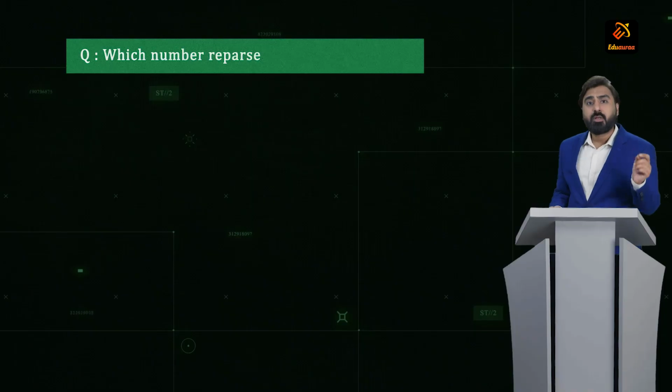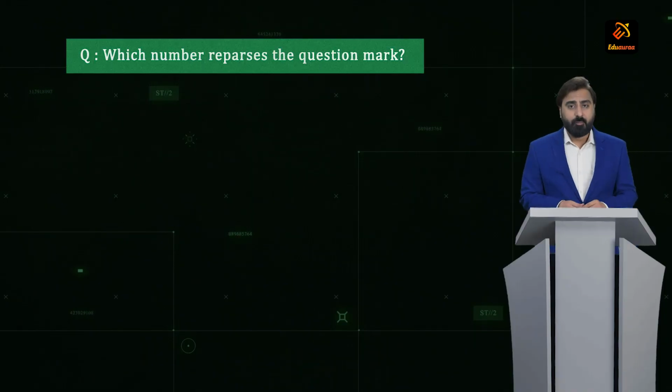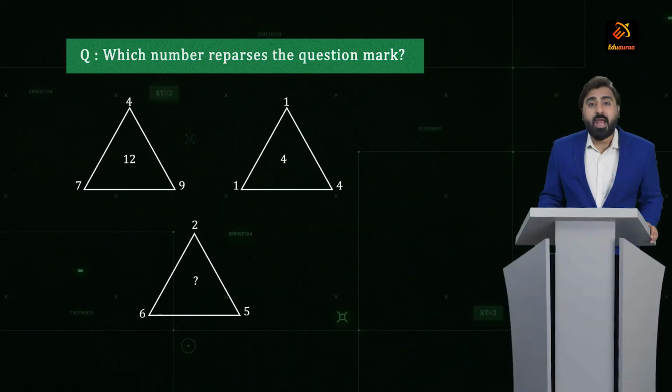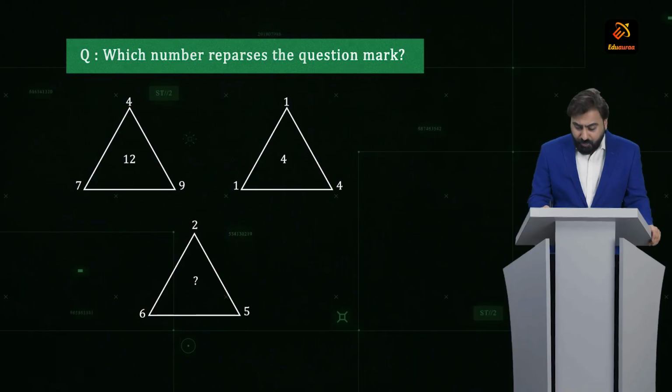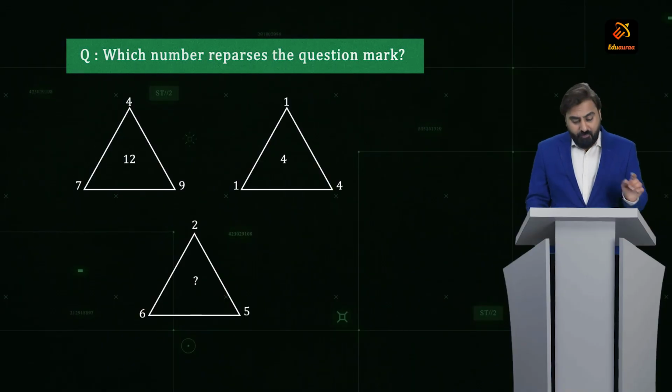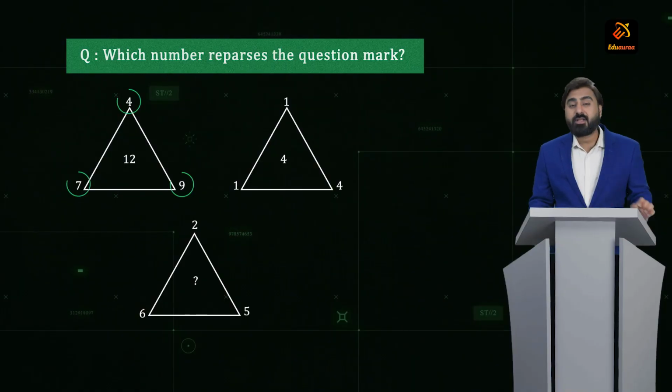Now, what is the question? Which number replaces the question mark? Now students, if you see the diagram here, we are given three triangles and a few numbers. In the first triangle, we are given numbers 4, 7 and 9, and inside there is one more number, which is 12.